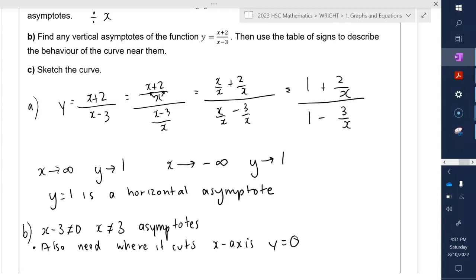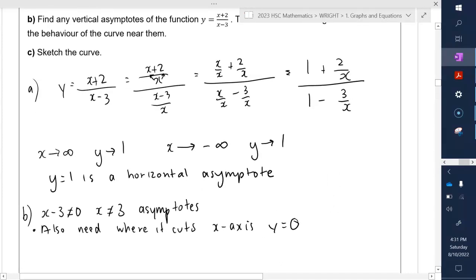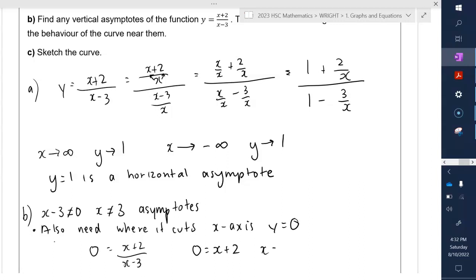So that's going to find our 0. If you can't see that straight up, it's going to be minus 2, but let's pop it in there and have a look. So if y is equal to 0, we've got (x plus 2) over (x minus 3). If I multiply both sides by x minus 3, I get 0 equals x plus 2. So I get x is equal to minus 2. That is where it cuts the x-axis.